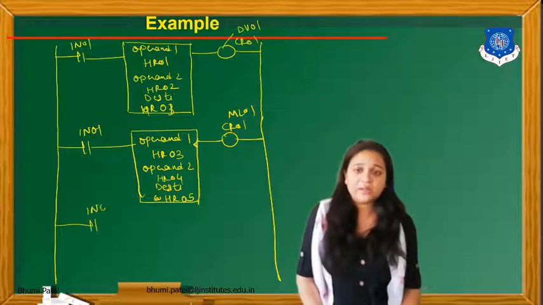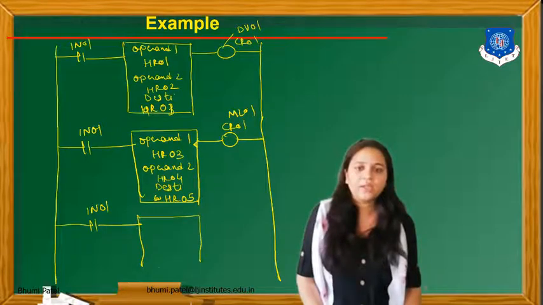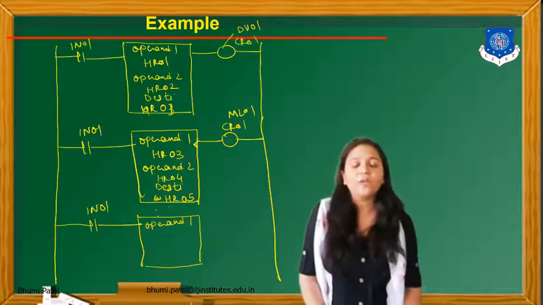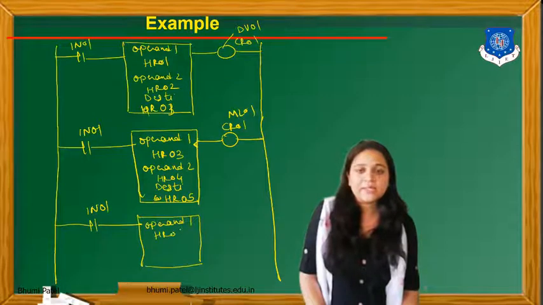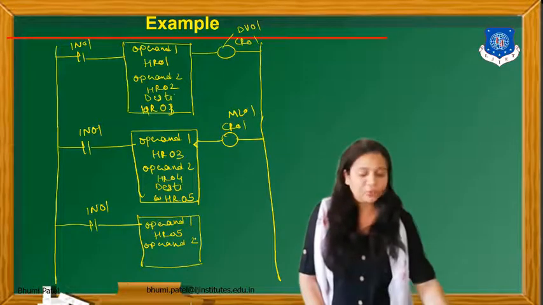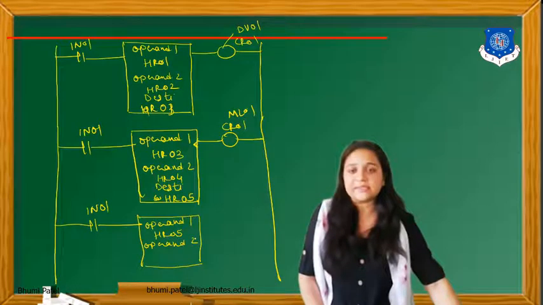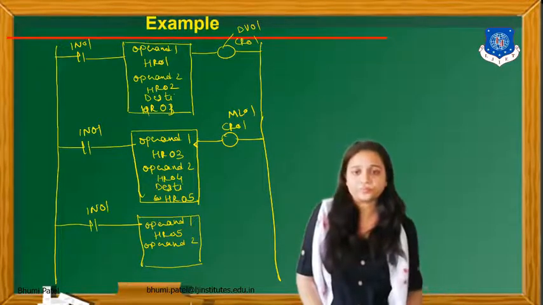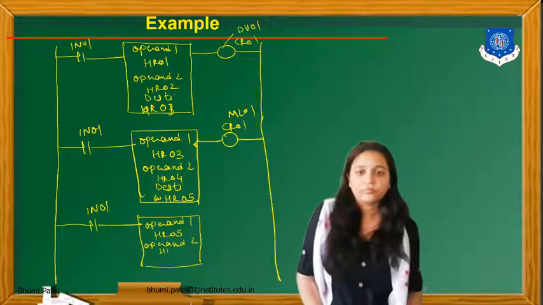After the multiplication, we have to add 32 to this particular destination. So again take a switch, with the same name or a different name. This is my operand 1, taken from the destination of the above rung, so it is HR05. Then operand 2: as you know, here we take 32, so operand 2 is HR06, and the destination is OR01.